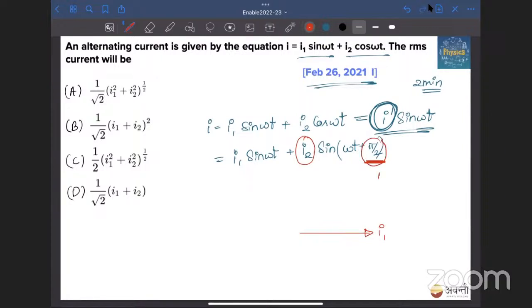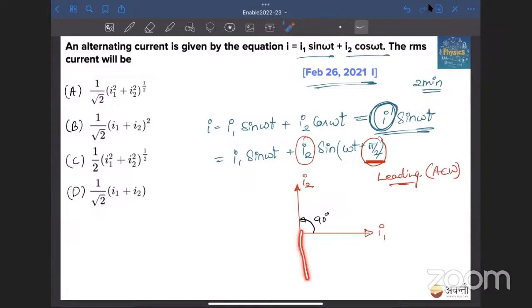For leading we go anticlockwise. So children, we start from here, go till 90, and we'll get the I2 current somewhere here. This is called a phasor diagram. It is the representation of the phase differences. So I1 is running at, let's say, 0, and I2 is ahead of it by 90 degrees.